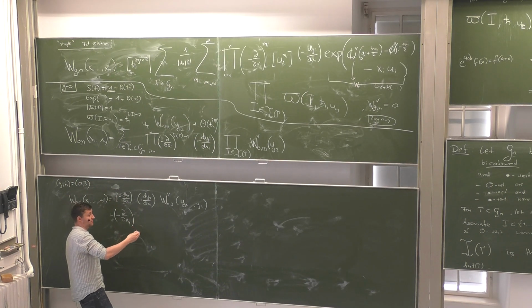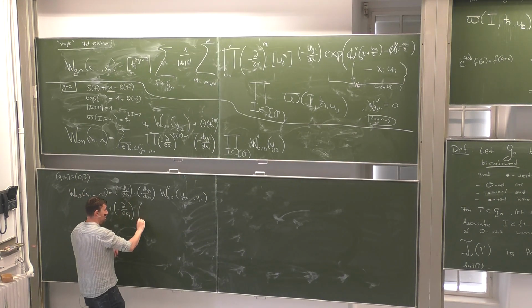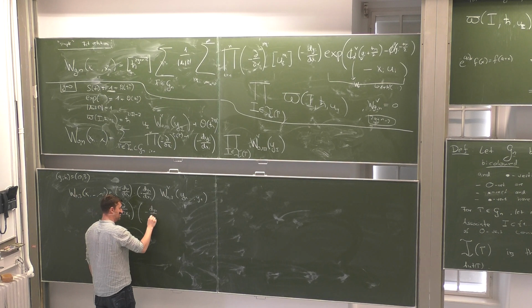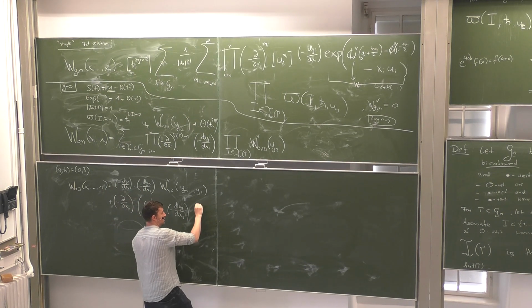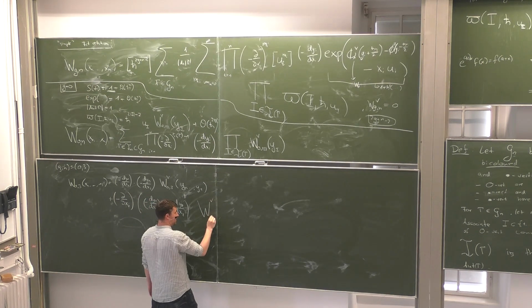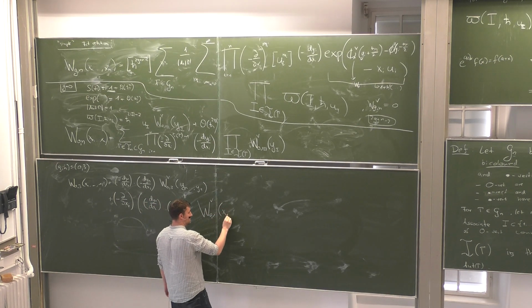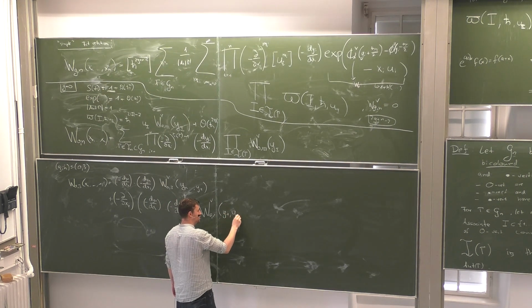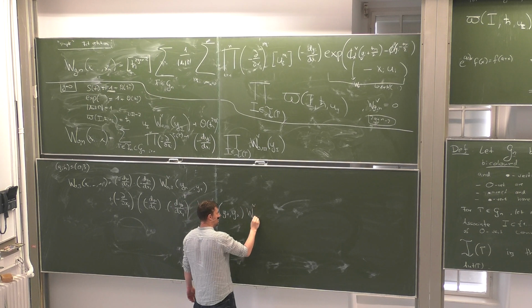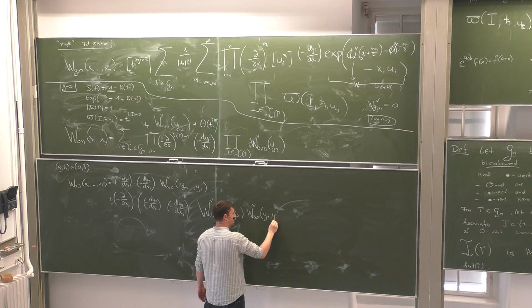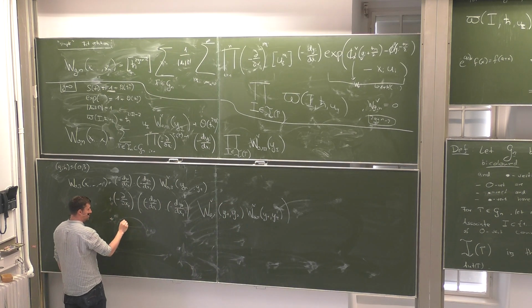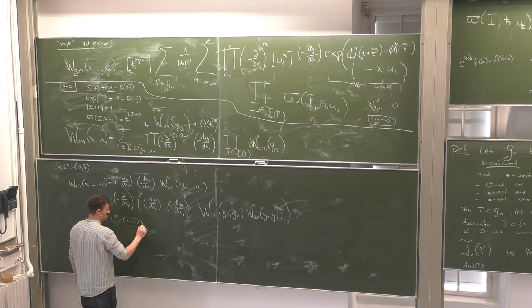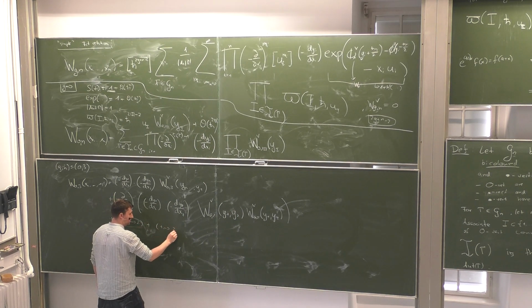We need to take the first derivative with respect to x1 of this product we had here again, of w check_{0,2}(y1, y2) times w check_{0,2}(y1, y3), plus the other two terms where 1 and 2 are interchanged and 1 and 3 are interchanged, so the same.